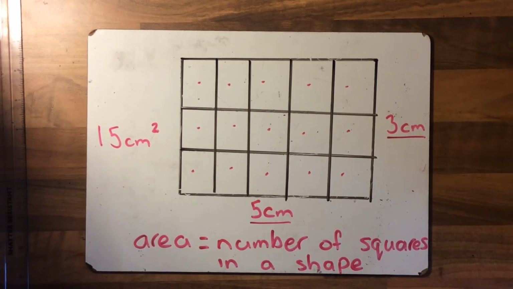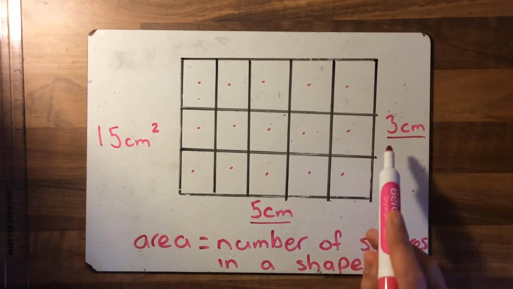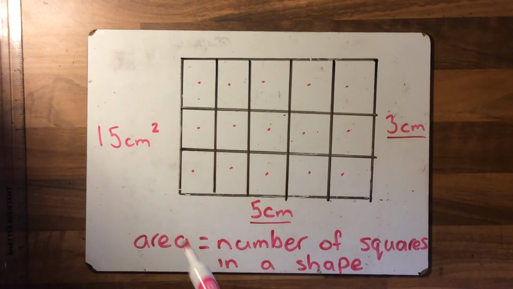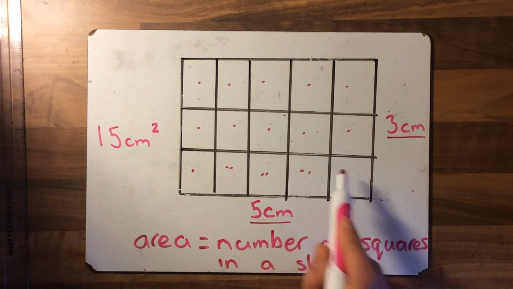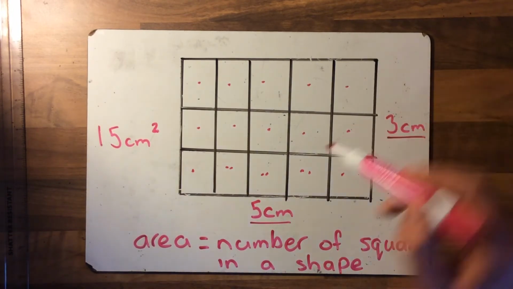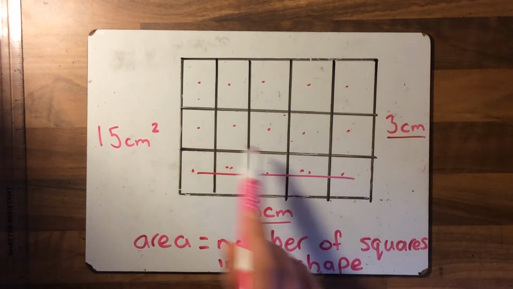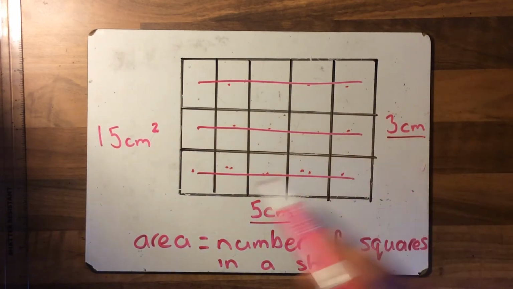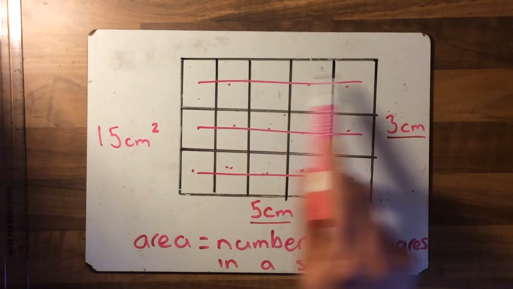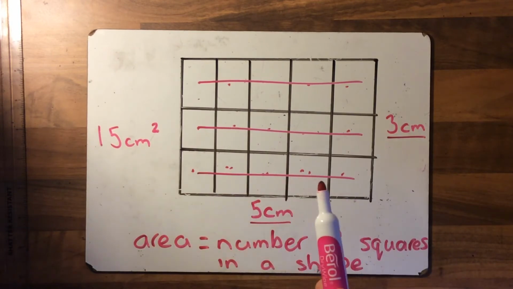Hopefully you've realised that if you multiply 5 by 3, that gets you to 15, because there are 5 across here. 1, 2, 3, 4, 5, and there are 3 across here. So it is 3 times 5, 10, 15 to get to 15 centimetres squared.